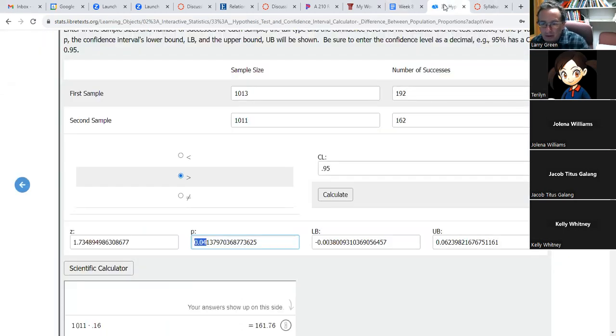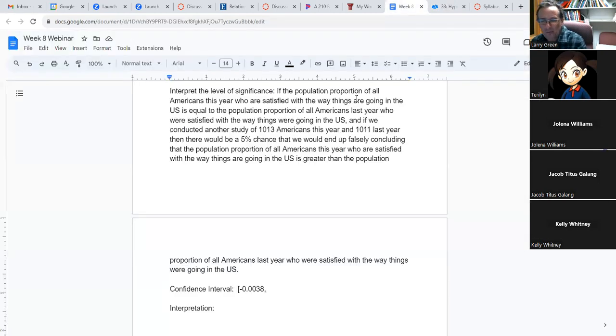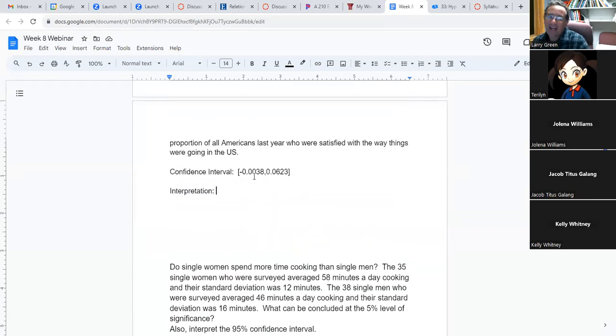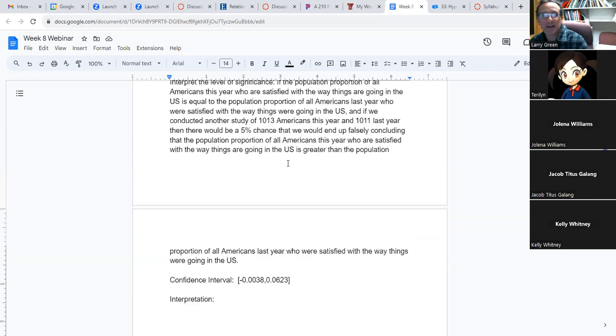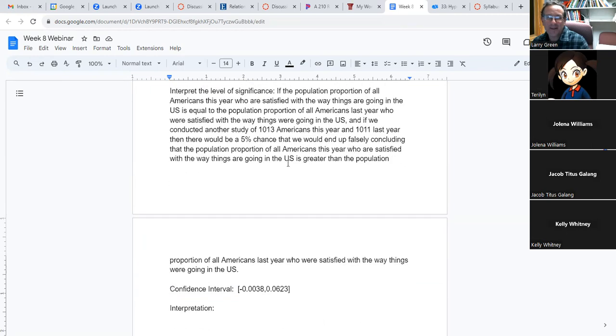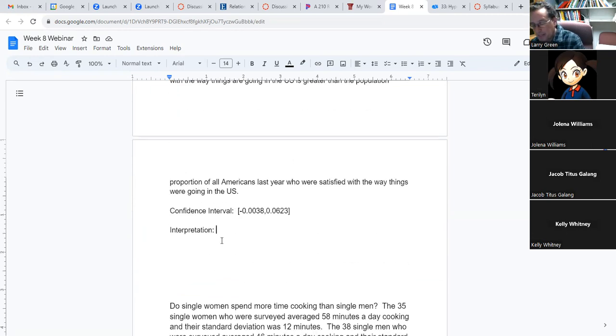That's what the calculator gave us. Okay, so notice one's negative, one's positive. So as a confidence interval, actually it doesn't show there's a difference. But in the hypothesis test, it does. So be real careful. And that has to do with two tail versus one tail, it turns out.